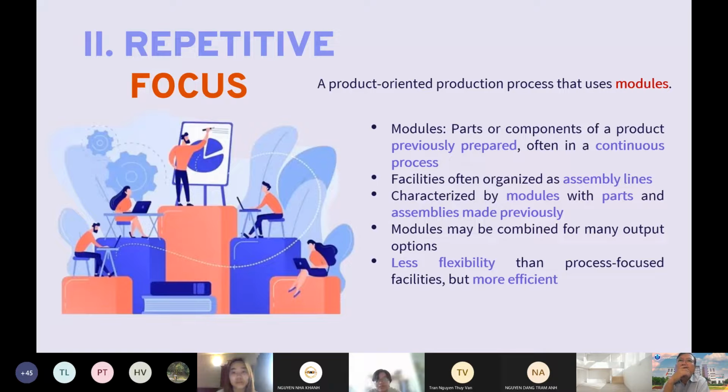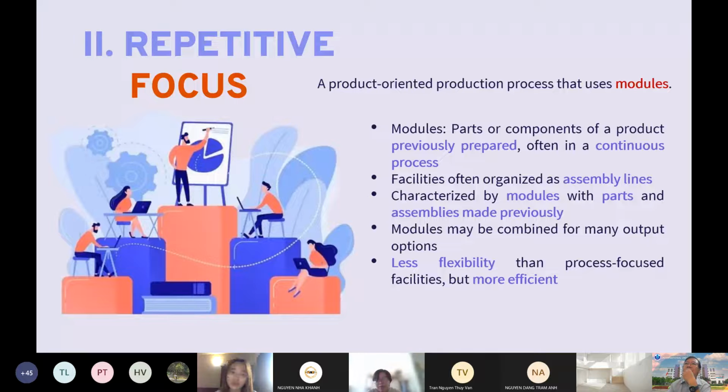The second one, repetitive focus, is a product-oriented process that uses modules. So, what are modules? Modules are parts or components of the products previously prepared, output in a continuous process, and reassembled modules are used to create the finished product.